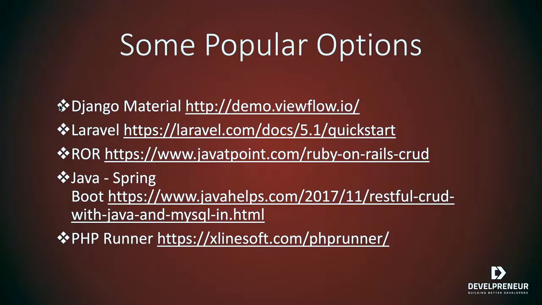Laravel is, in my experience, one of the best database to front end generators out there. Much like Django is to Python, Laravel is to PHP, and Ruby on Rails is to Ruby. Java Spring has some pieces like that too.